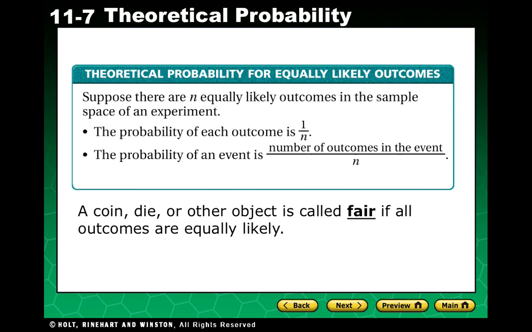Okay, so theoretical probability for equally likely outcomes: the probability of an event is the number of outcomes in the event divided by n, which is the equally likely number of outcomes in the sample space. A coin, a die, or other object is called fair if all outcomes are equally likely.